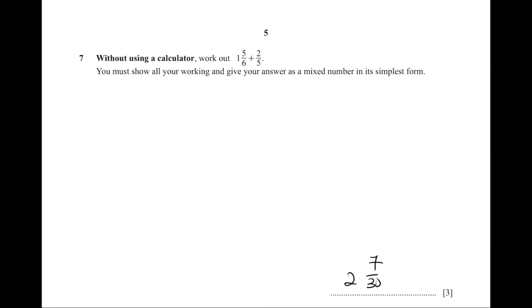So change it to a mixed number first. Write the mixed number down first and change it to an improper fraction. Change both denominators to the same, which should be 30, times 5, times 6. Right, mixed number.